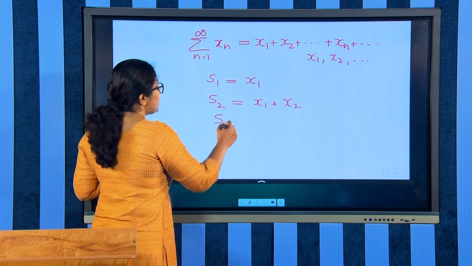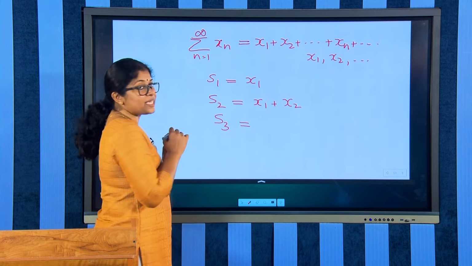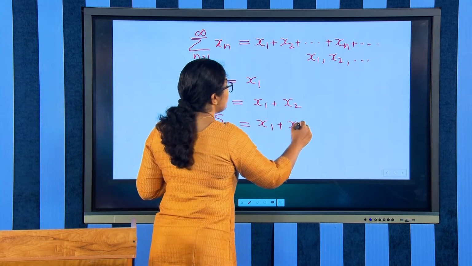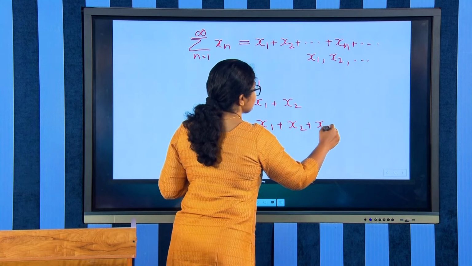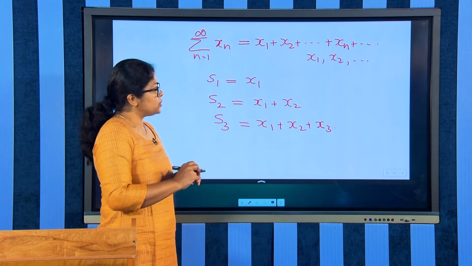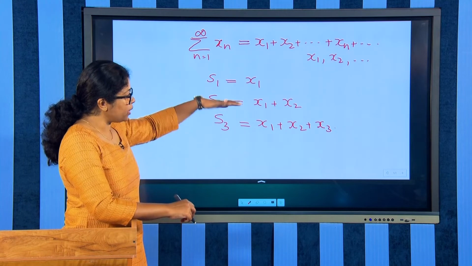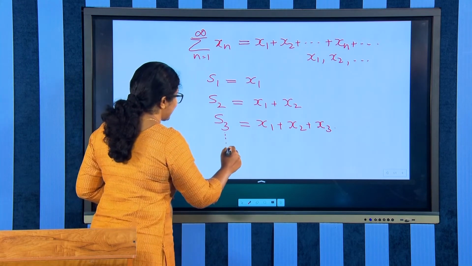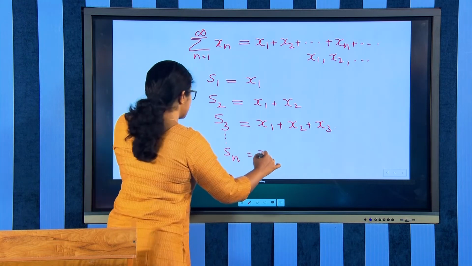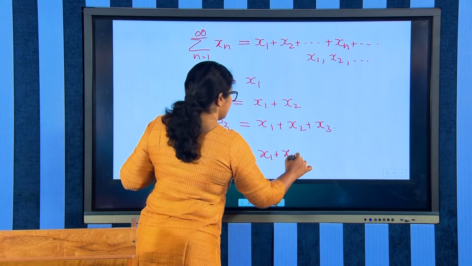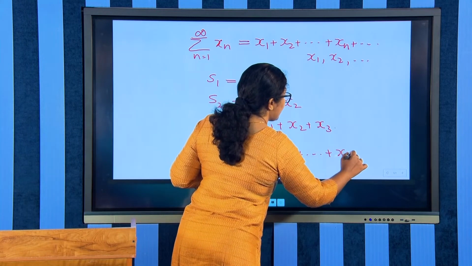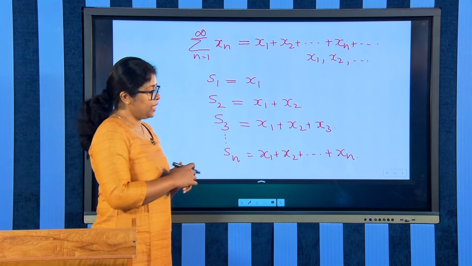The third partial sum is S3, which is x1 plus x2 plus x3. Repeating this procedure, we will get Sn as x1 plus x2 plus etc., the last term being xn.